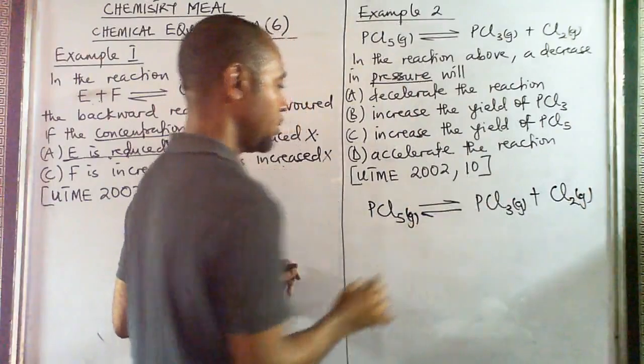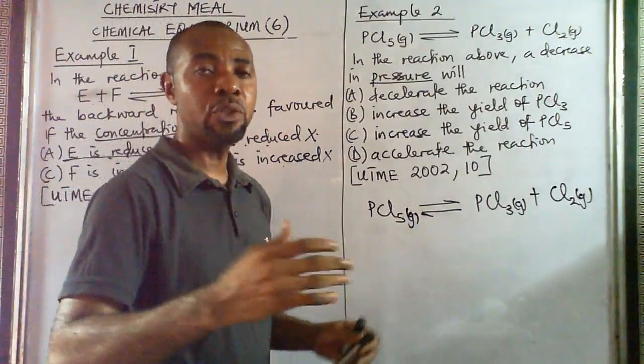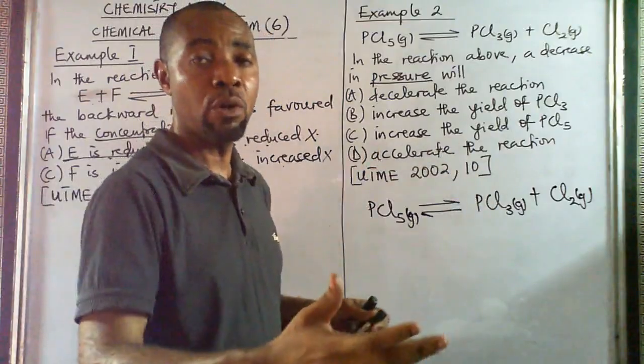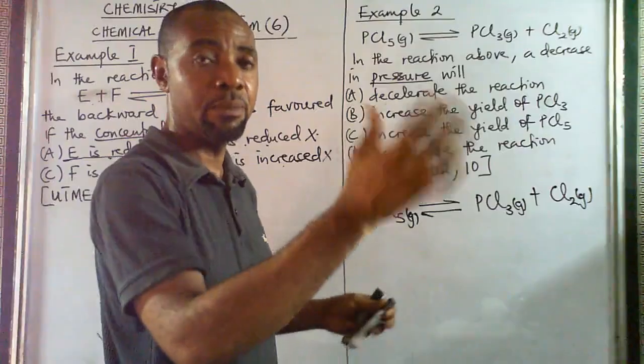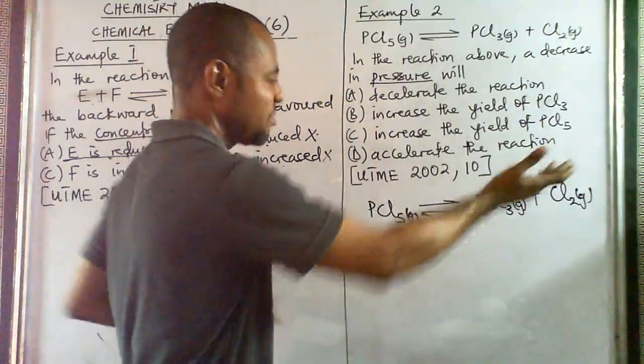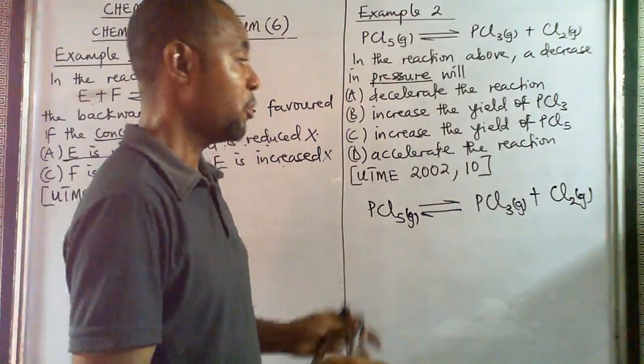When we want to look at the effect of pressure, we must make sure that at least one of the species involved, the reactants and the products, is a gas. Here the three species are all gases, so we don't have a problem.